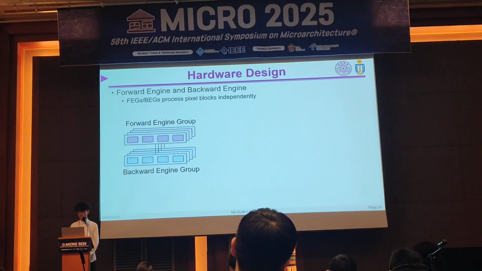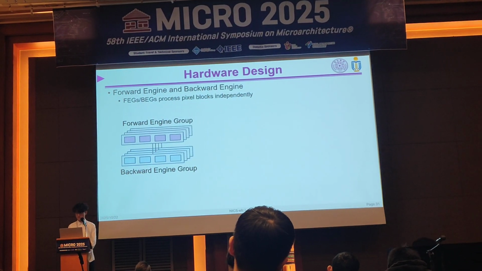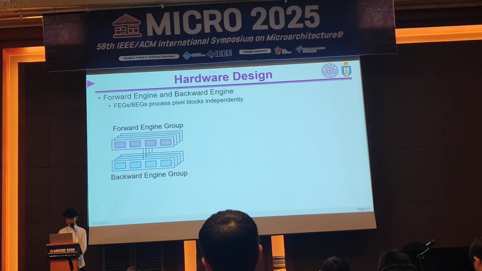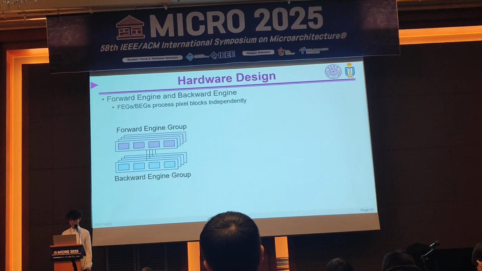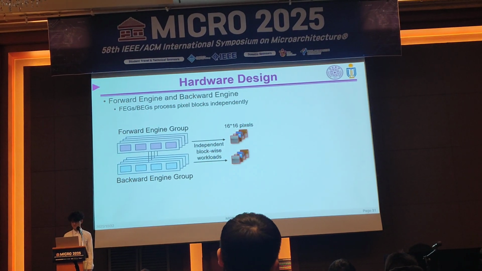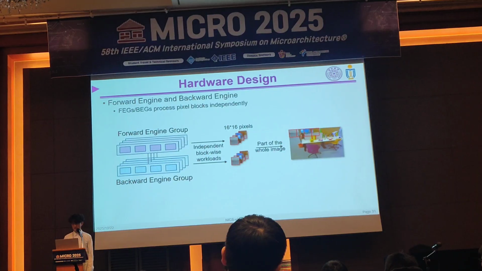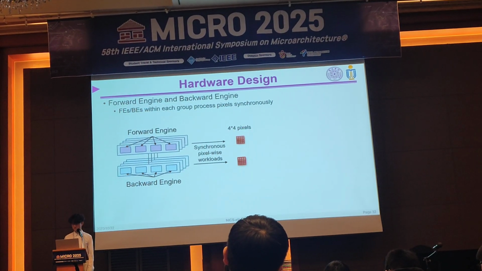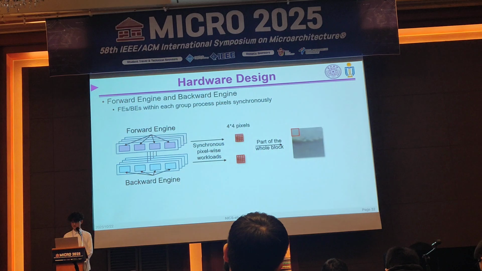Let's take a closer look at our compute engines, which have a three-level hierarchy design. At the top level, the forward and the backward engine groups are designed to process independent 16x16 pixels in parallel. Within each group, individual engines work on 4x4 subblocks, and these engines operate synchronously.